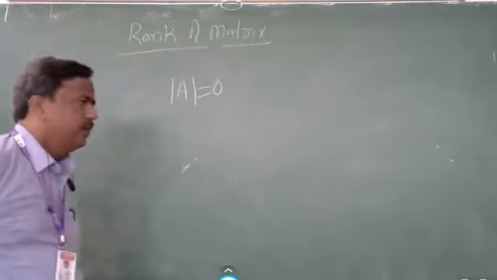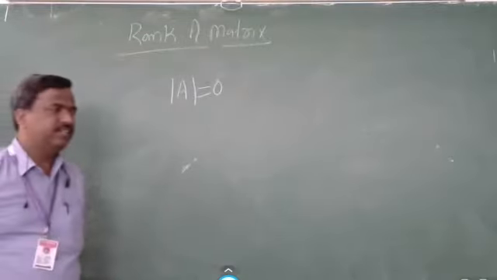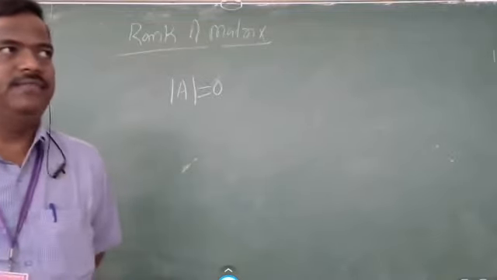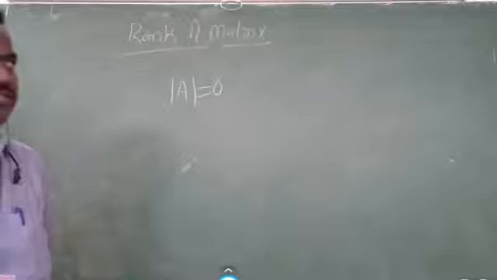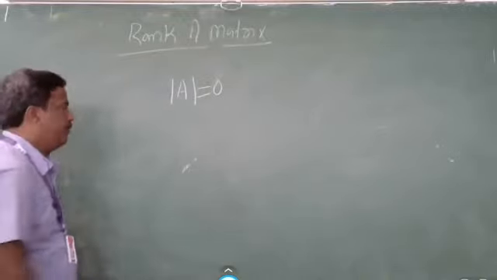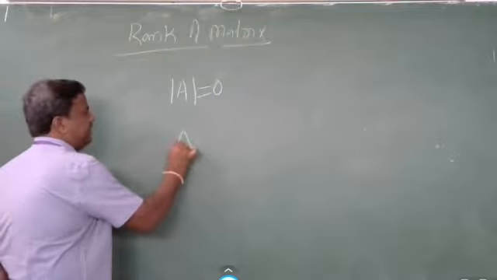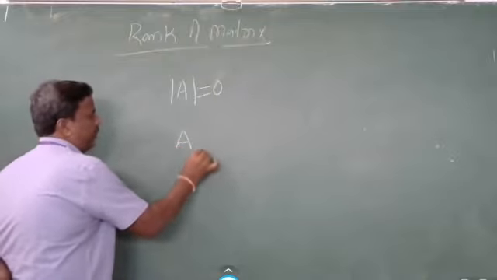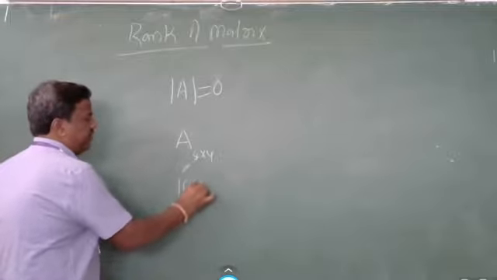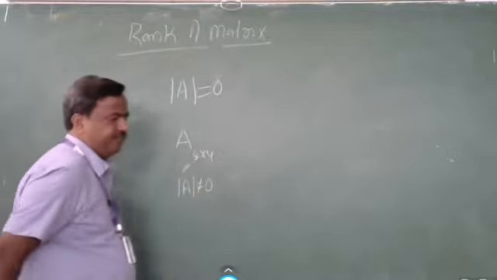So now what you are saying is that the rank of matrix is the order of the matrix when the determinant is not equal to 0. Now you have taken this A matrix as a 4 by 4 matrix, and the determinant of this matrix is not equal to 0.